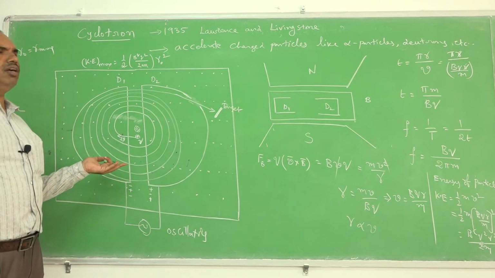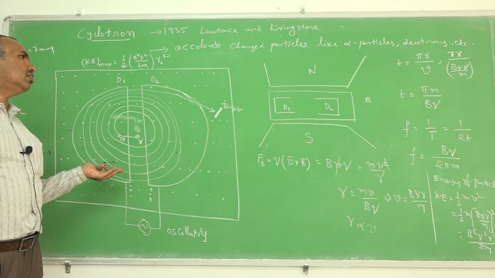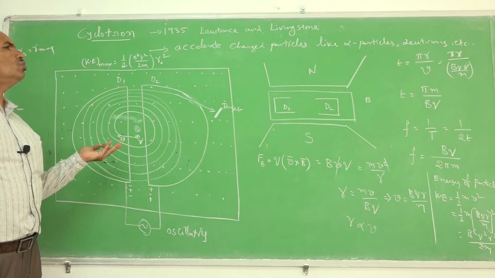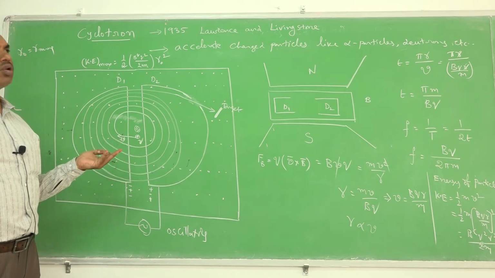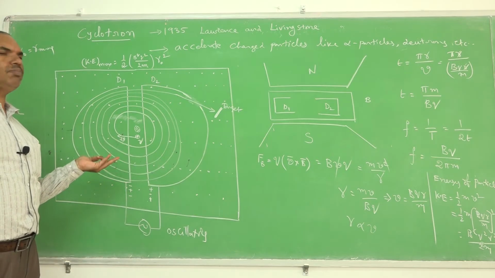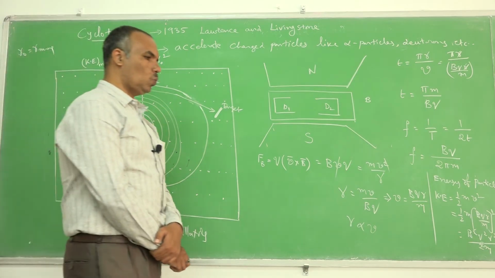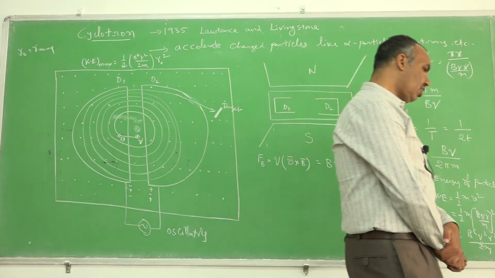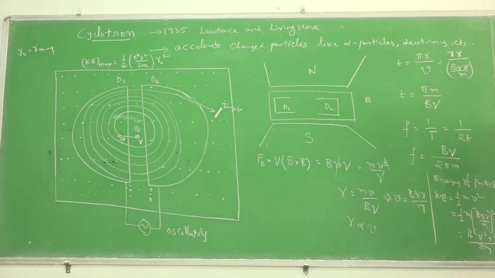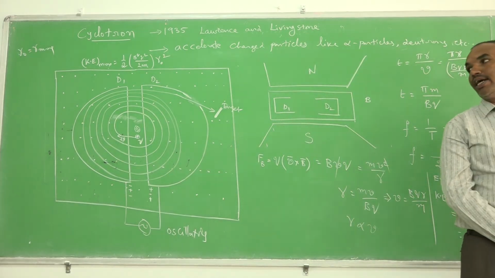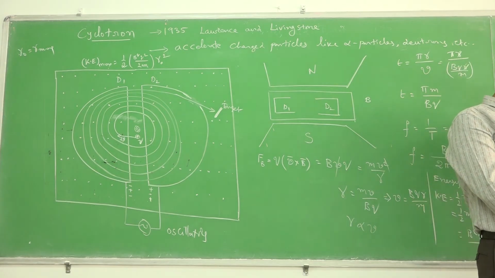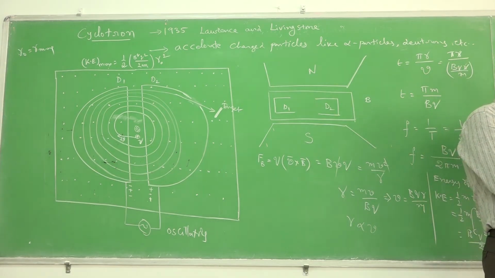Any particle whose size is very near to a proton or more than a proton can be accelerated easily. So that is the limitation of the cyclotron. Let us see what are the uses and what are the limitations.